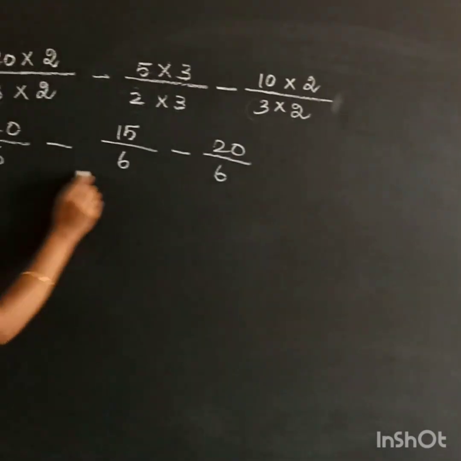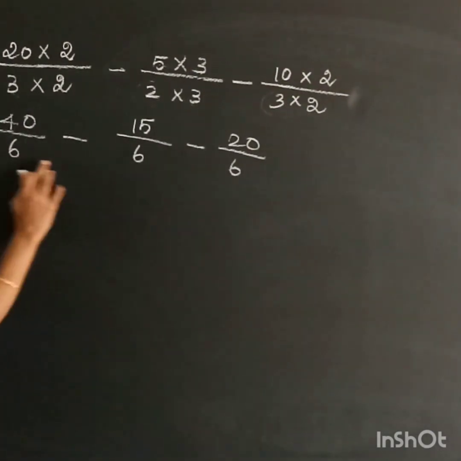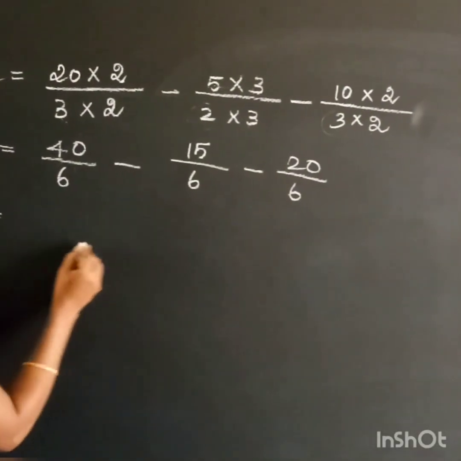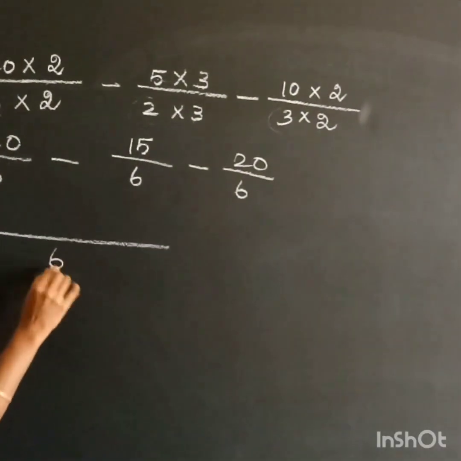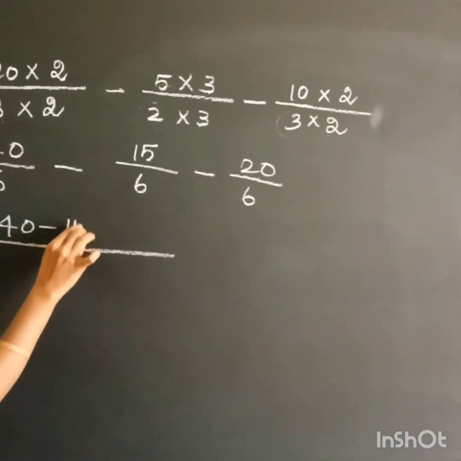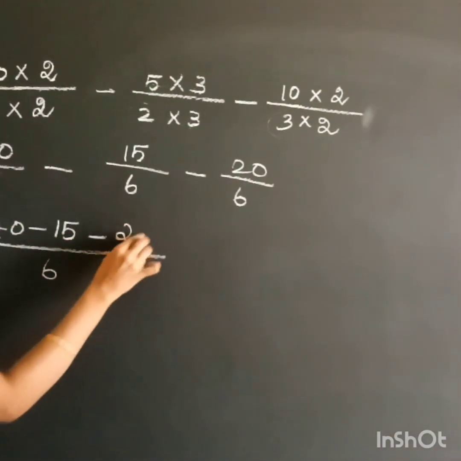Now see the denominator, all are same, isn't it? All the denominators are the same. Now we have to take the common denominator 6. What are the numerators? 40 minus 15 minus 20.